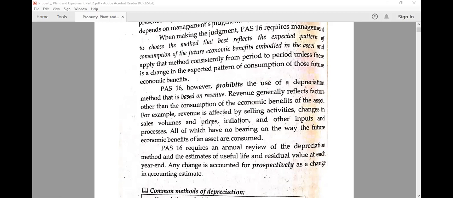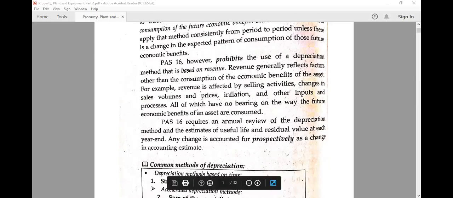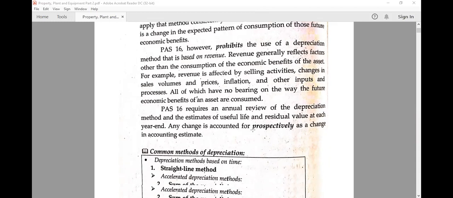And there is a mention here that in case of any change, let's say for useful life, the method of depreciation and residual value at year end based on the annual review, then we have to account for those changes as a change in accounting estimate that would benefit current and future accounting periods because they are to be accounted prospectively.